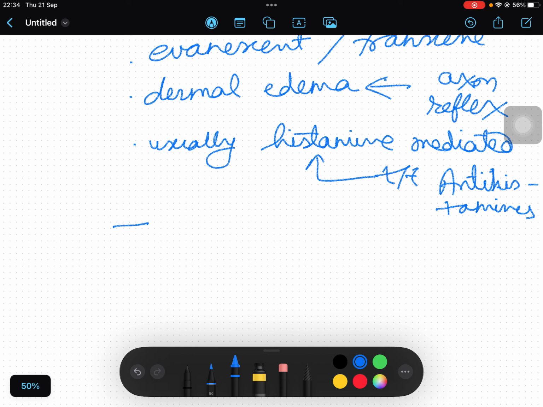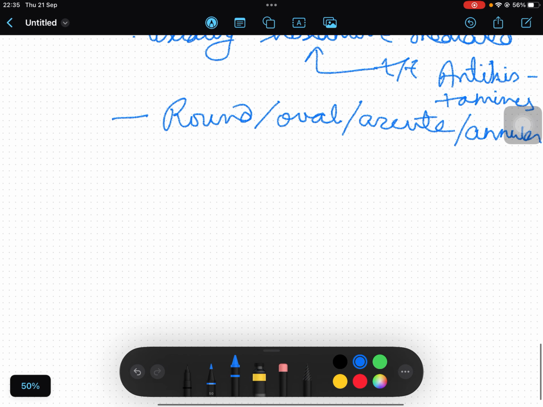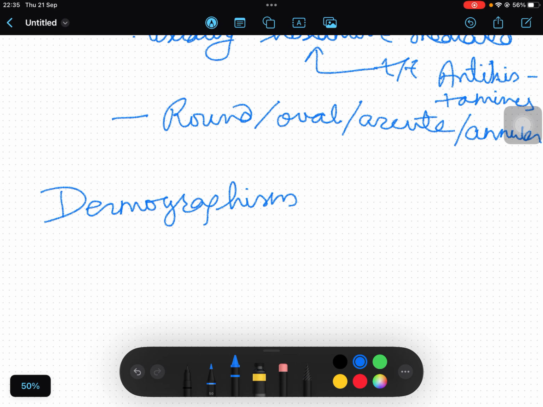The wheals may have different shapes, like round, oval, or arcuate, even annular. If the wheals are linear, we call it dermographism. If wheals appear along the line of trauma, we call it dermographism.